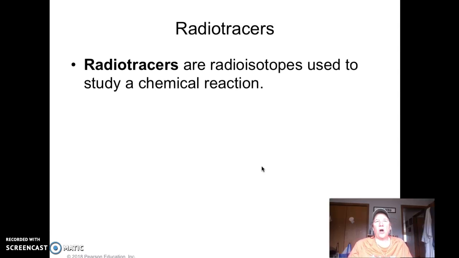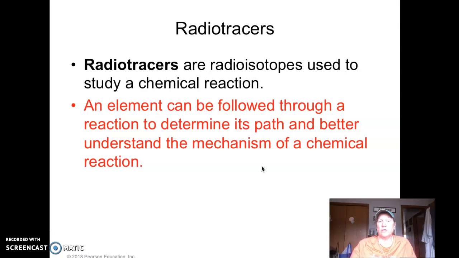We also have what they call radio tracers. Radio tracers are used to study a chemical reaction. They use radio tracers in medicine. I don't know if any of you guys have had to have certain tests or stuff. They make you drink some stuff beforehand. They're going to go in and get involved in a reaction, and they're going to look. Iodine is one that's very common if you have thyroid issues and stuff like that.